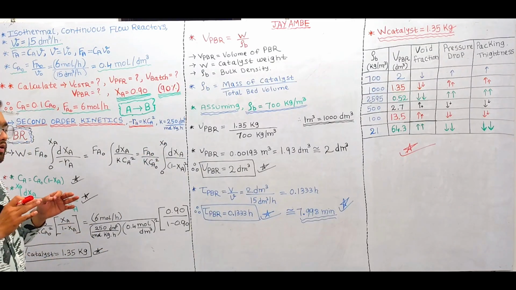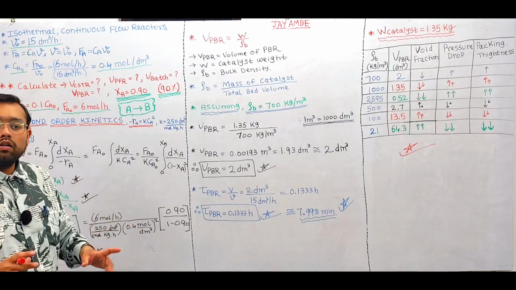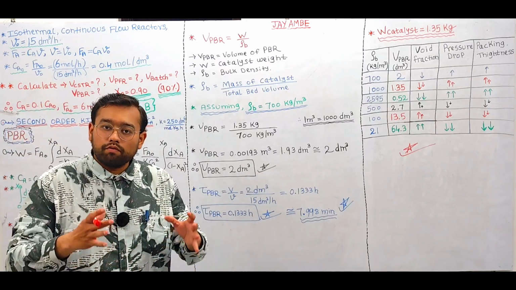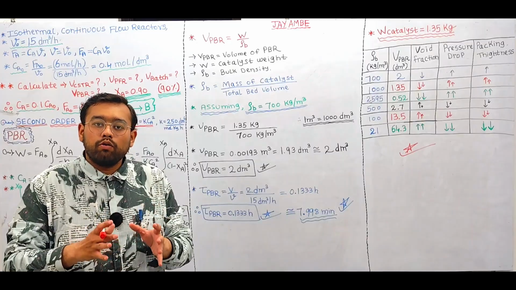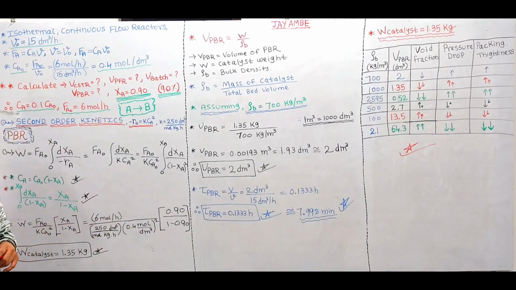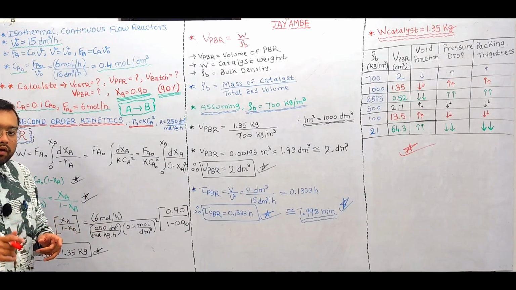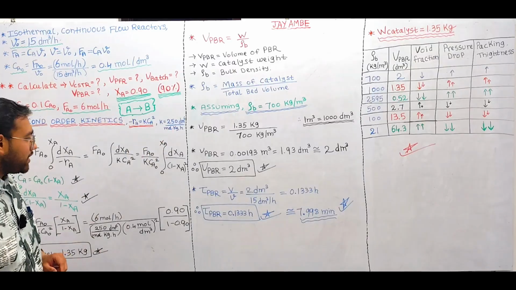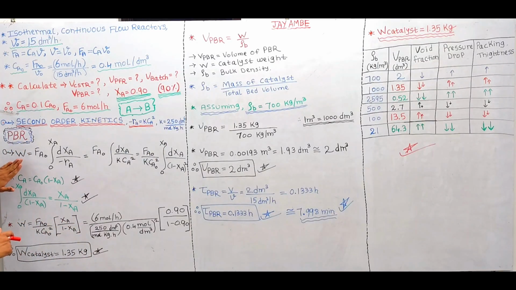First of all, in order to design any reactor, the first step is to write the performance equation of the reactor, right? So we are going to utilize the fundamental concept of the performance equation for the packed bed reactor in order to determine how much weight of catalyst we require to achieve the desired conversion of 90%. The first equation represents the performance equation of the packed bed reactor, which is W is equal to Fa naught integration of 0 to Xa dXa upon minus Ra, right?